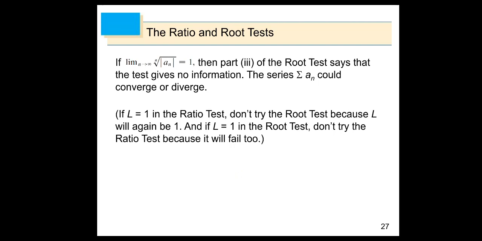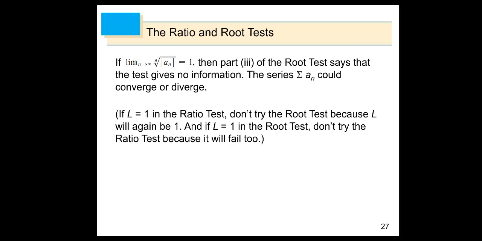So if our limit as n approaches infinity of the nth root of |a sub n| is equal to 1, part 3 of the root test says the test gives no information.